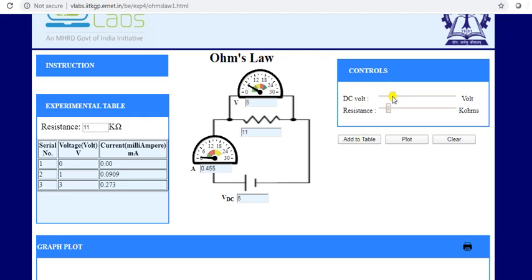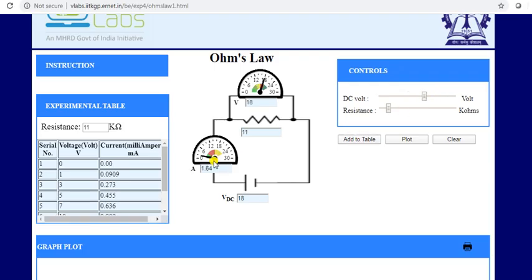So simply by changing the value of DC volt, the value of current will change, and we have to add these values into the experiment table. So we will repeat this step for at least 10 values, so we will get a good graph between voltage and current.